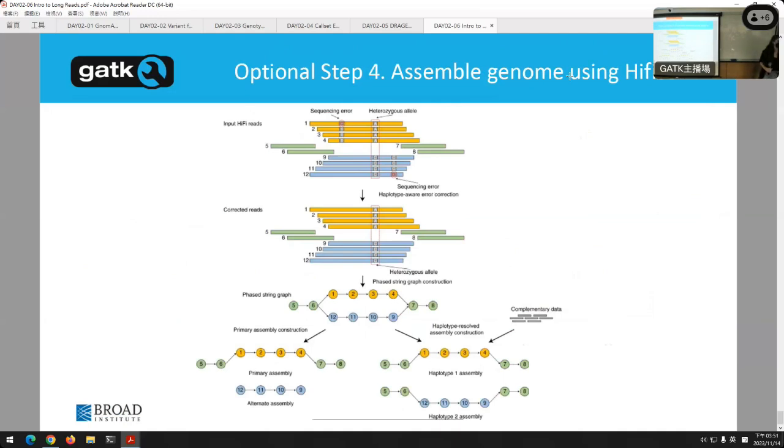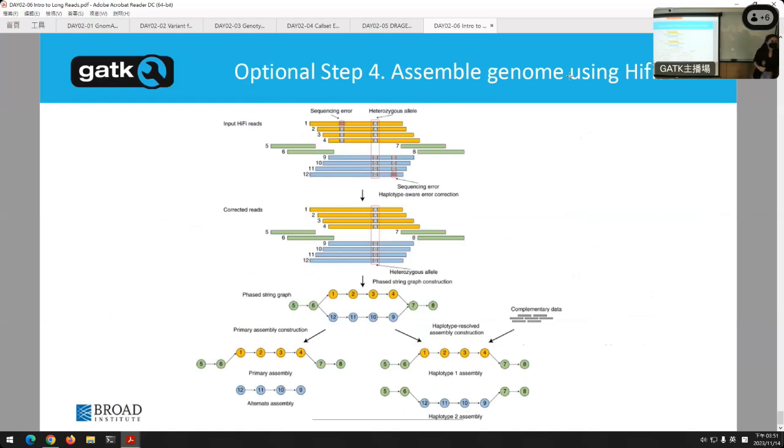A final optional step is to perform a de novo assembly of the sample genome using a tool called hifiasm. With short reads, it's really difficult to perform a de novo assembly of a genome. It took a lot of effort to build the reference genomes over the years.